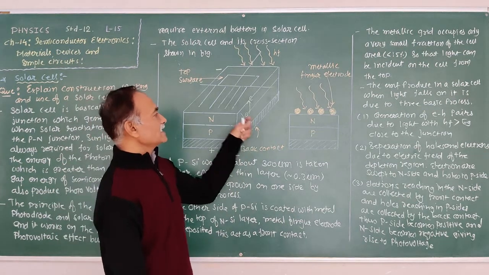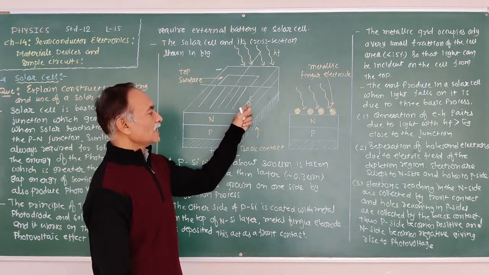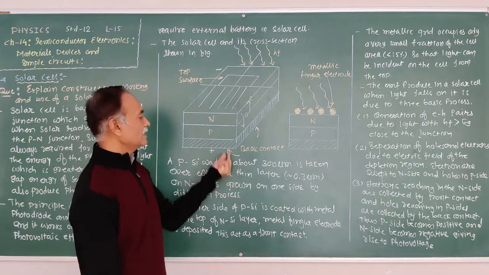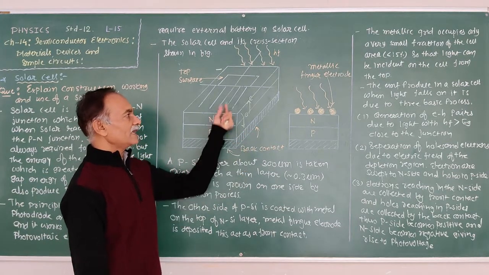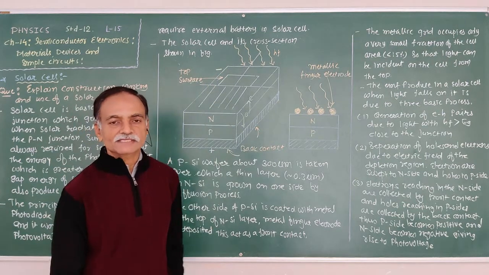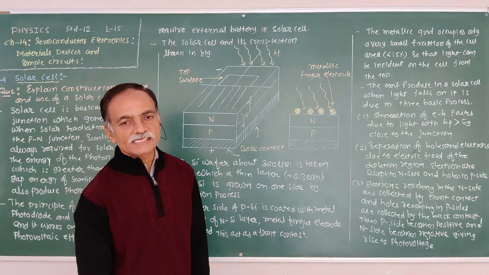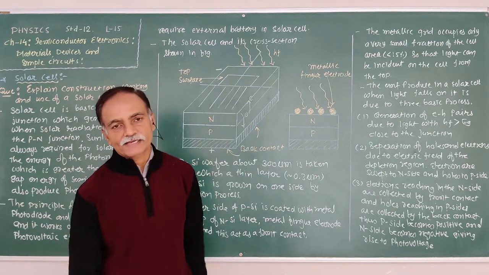The electrons reaching the N side are collected by the front contact, and the holes reaching the p side are collected by the back contact. Therefore, the back contact becomes positive and the front contact becomes negative. As a result, the photovoltage arises between the back and front contact.